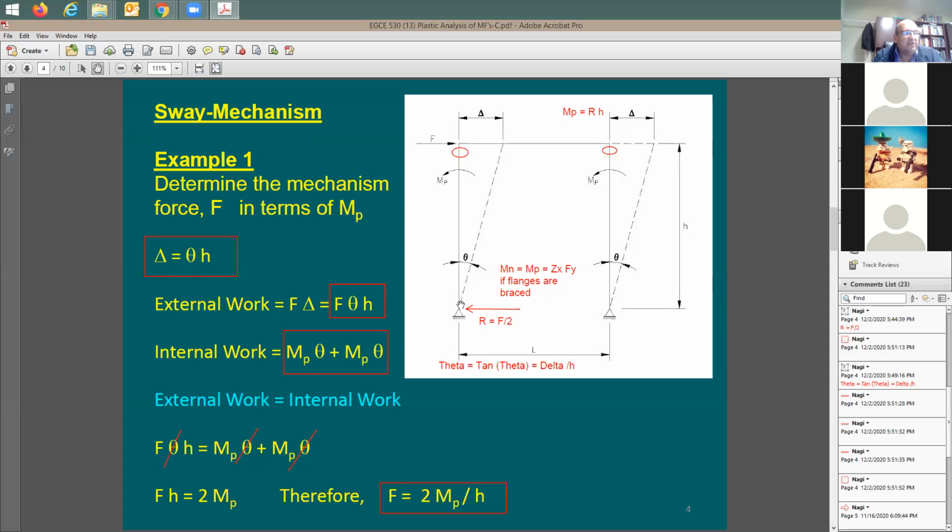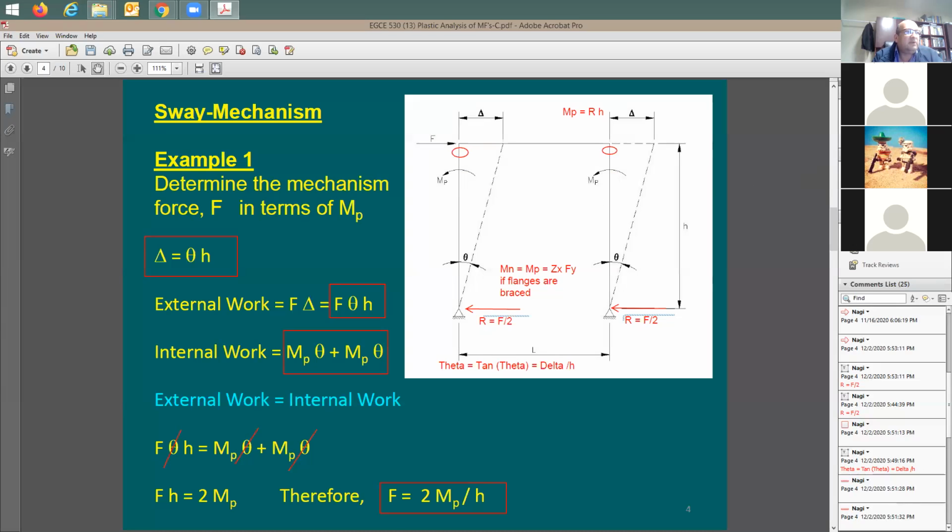Because I have two identical columns, I'm going to say the force at each hinge, at each support, is going to be equal to F divided by 2 and also F divided by 2, just because the two columns are exactly the same. And the moment at this location, if you take the moment and cut it, is going to be equal to F divided by 2 times H. So let me write this equation now.